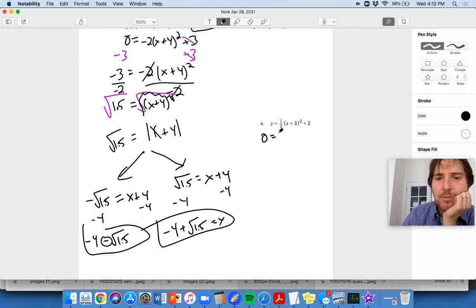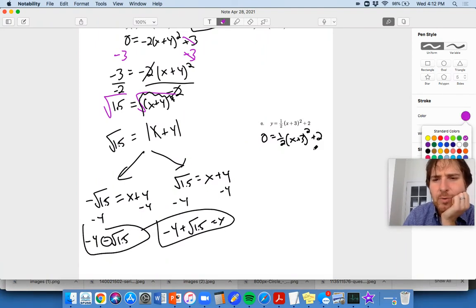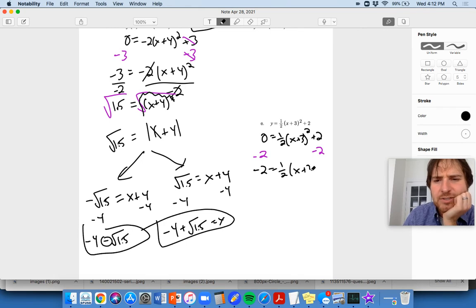Well, let's do the same thing we do every time. Flip it to 0. And why is Mr. Forden feeling the need to do this one? Doesn't this feel just like what we just did? Negative 2 equals 1/2 x plus 3 squared. I get it.